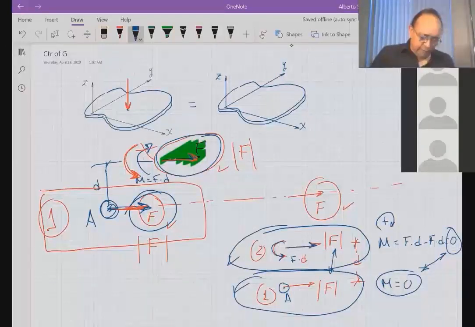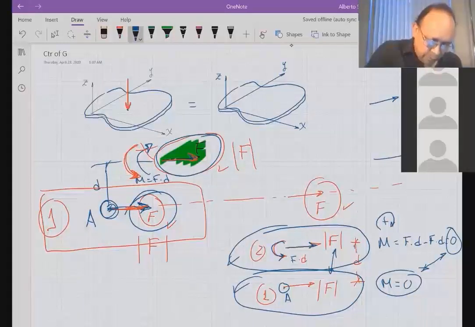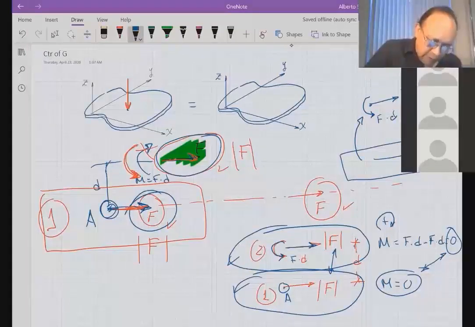So that's why every time you move a force outside of the line of action, if I want to move this force over there, I have to apply a moment here equal to F times d in order to have system 1 equivalent to system 2.